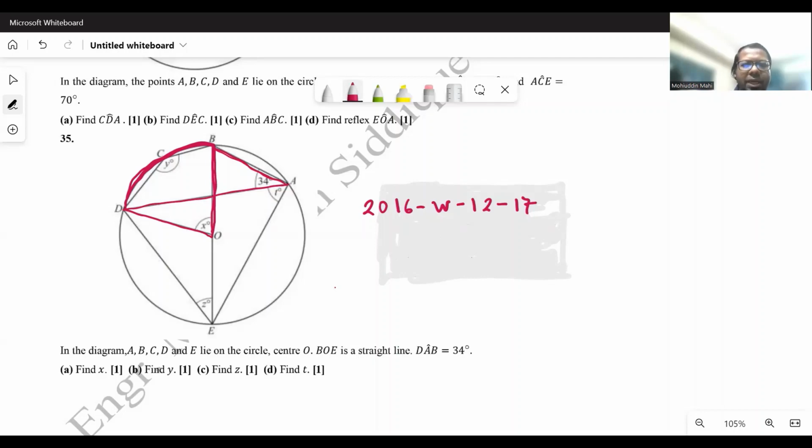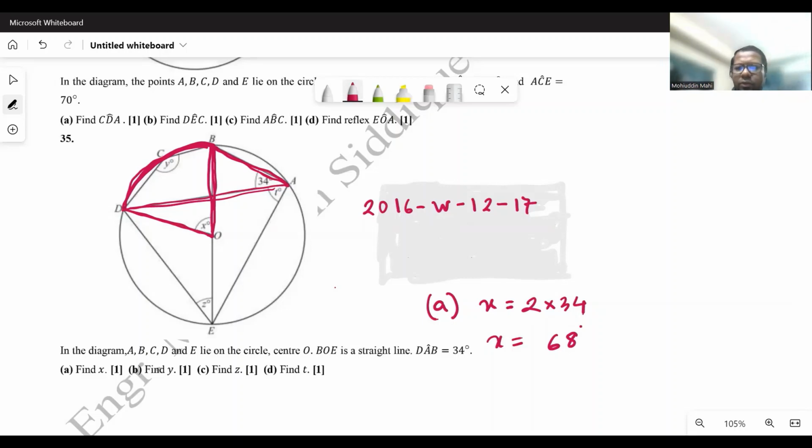So standing on the same arc BD, angle at the center, which is x, is supposed to be double the angle at the circumference. So that means 2 into 34. So x equals 68 degrees.